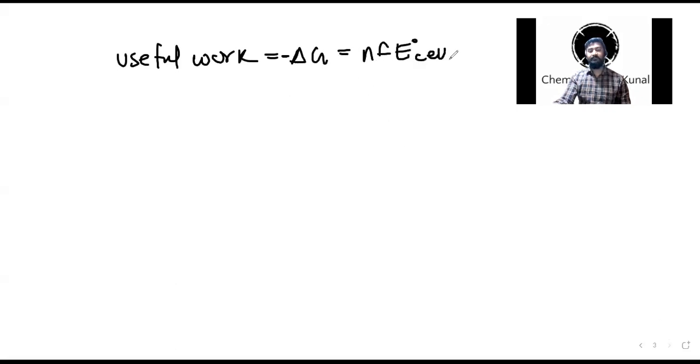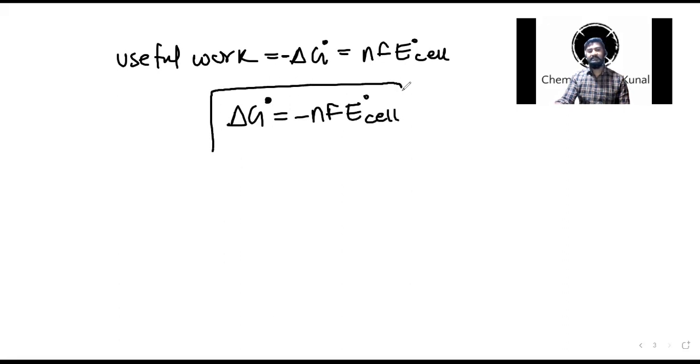So from here, we got a very important relation, which is delta G naught. Since we're talking about a standard cell, we'll make it delta G naught equals minus nF E naught cell. We get a very, very important formula. This is for a standard cell.